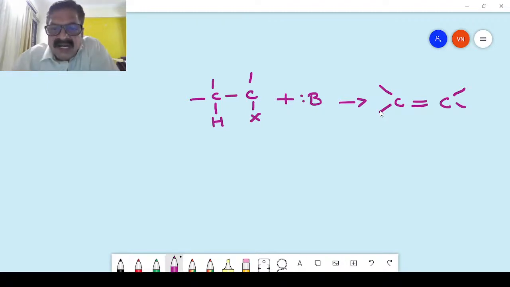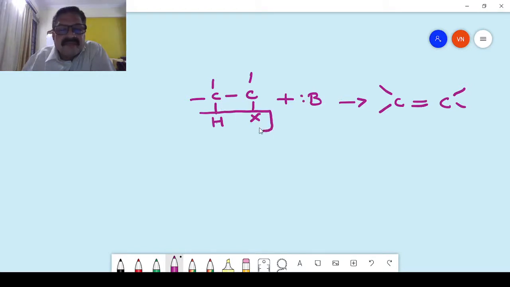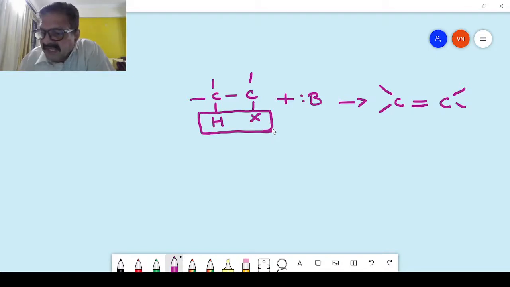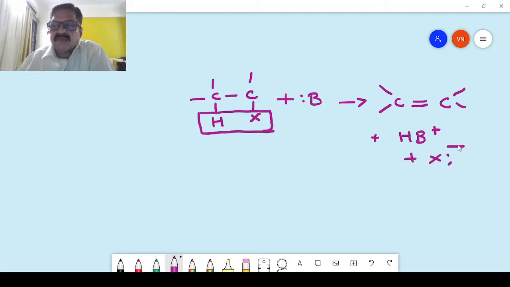That is, the alkyl halide is undergoing elimination reaction with a Bronsted-Lowry base here. So the HX is removed. These things are removed and nothing comes inside here. So this is the basic nature of the elimination reaction, the basic characteristics we can say, and plus we have the leaving group X minus here.